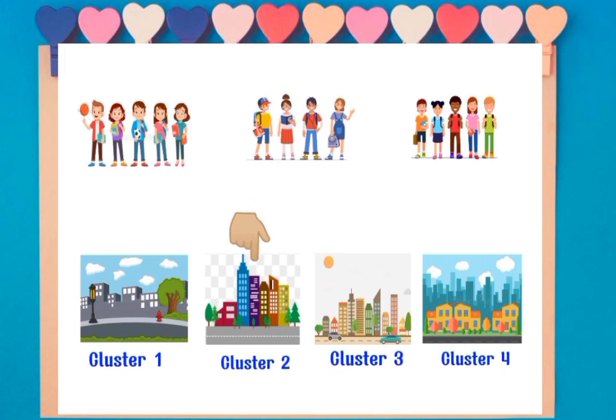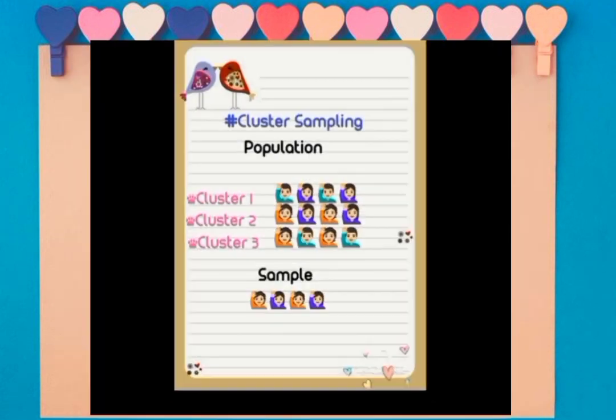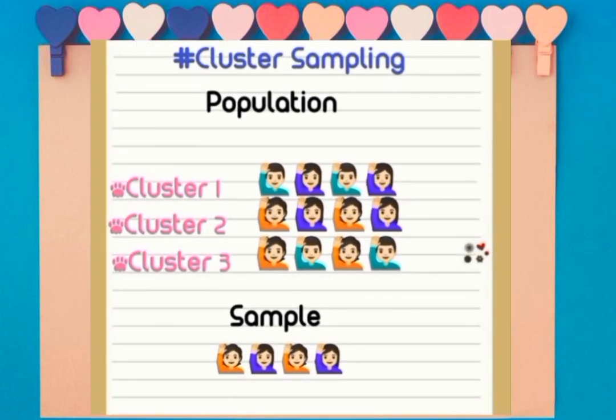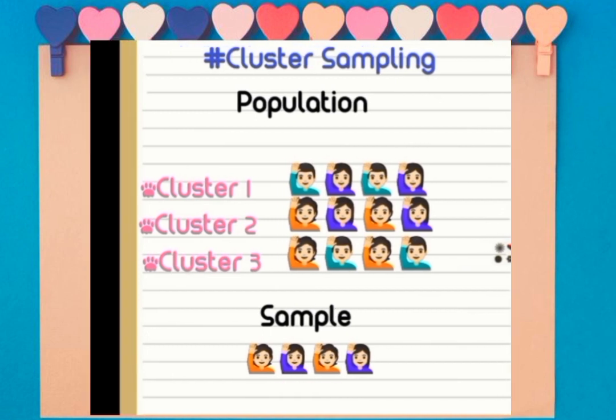They will divide the entire population into different clusters or cities. They then select a number of clusters depending on the research through simple or systematic random sampling. From the randomly selected cities, they will either include all the high school students as subjects or select a number of subjects from each cluster through simple or systematic random sampling.